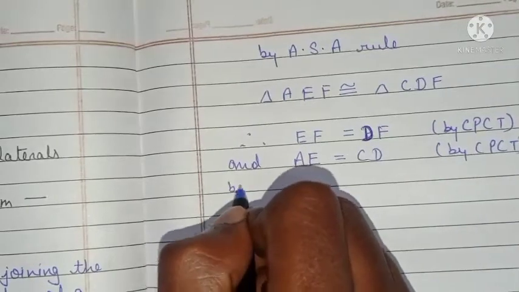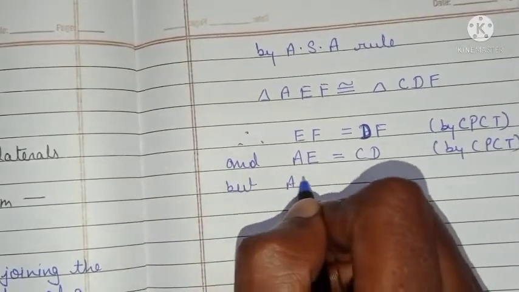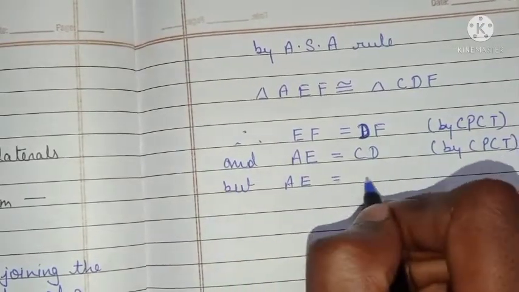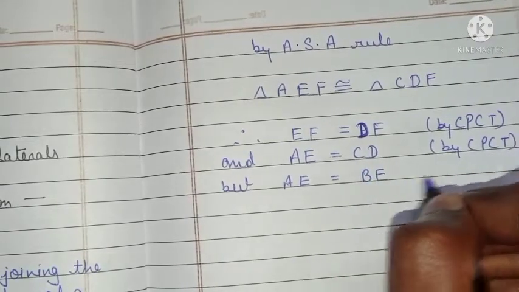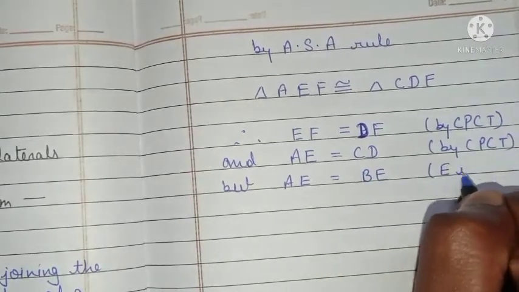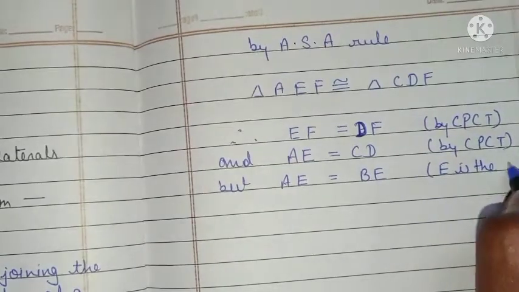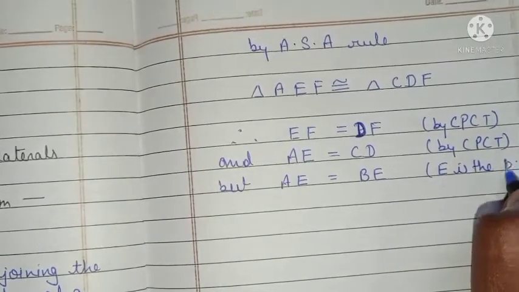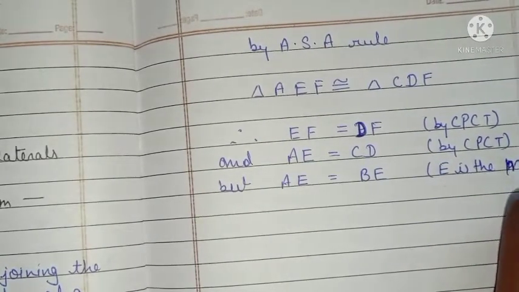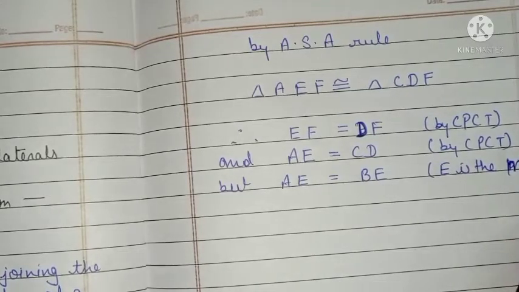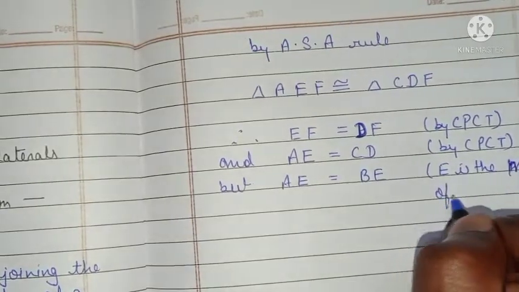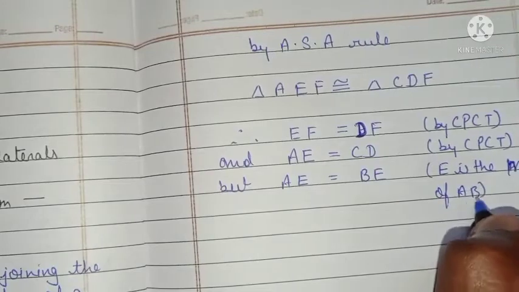But AE equals BE because E is the midpoint of AB.